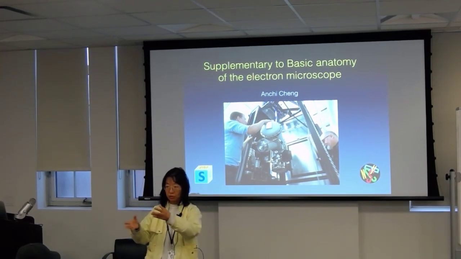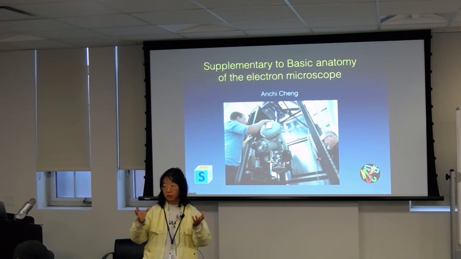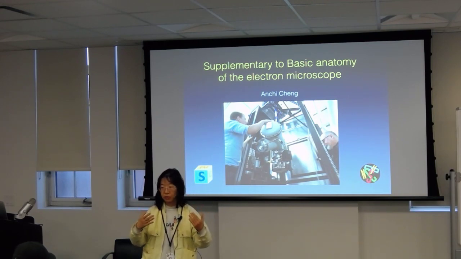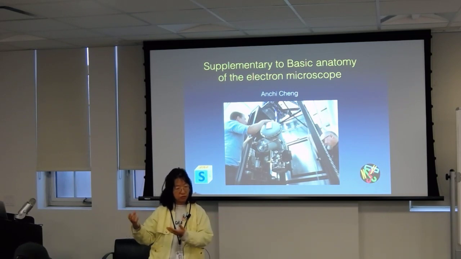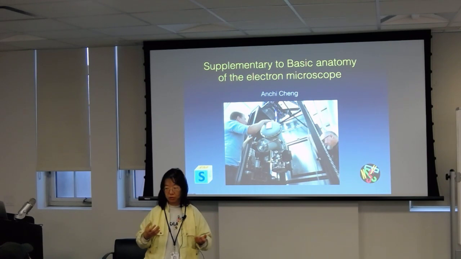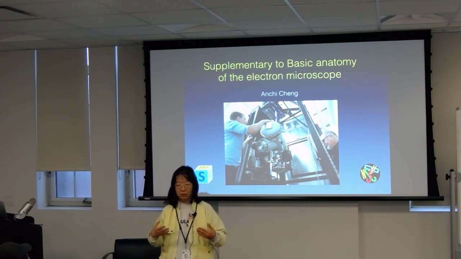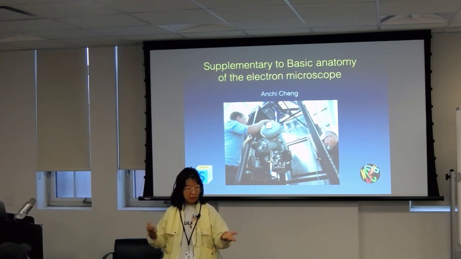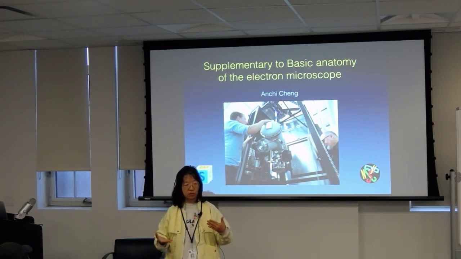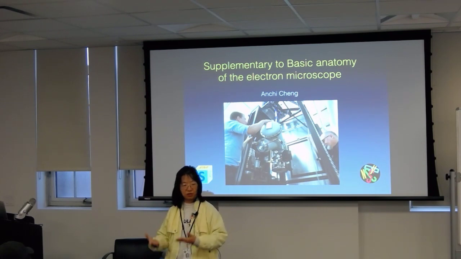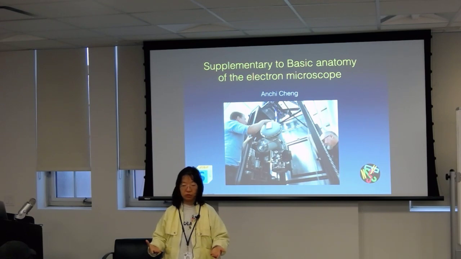Then you can compare what everyone has access to as a starting point, and see the features in there and the commonalities of each one. That's not a decision that you have to make as a student or even a postdoc. You just take what you have, but at the same time, you need to learn that you don't always need to use the best microscope for everything. That's an important thing to know as well.